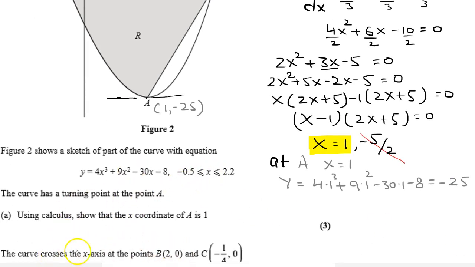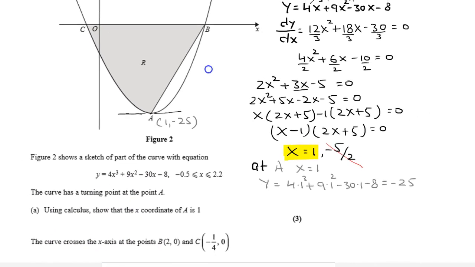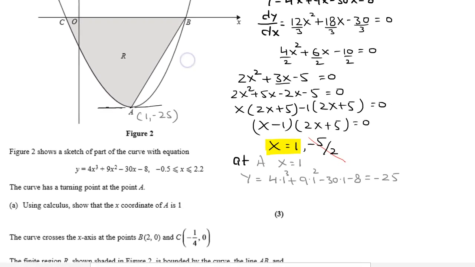Now the curve also crosses the y-axis at B. So these coordinates are 2 and 0, and these coordinates are minus 1 over 4 and 0.